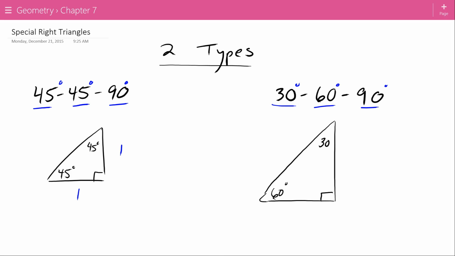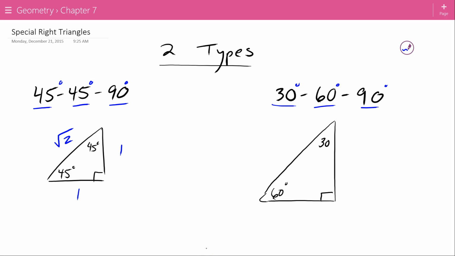And then if you did Pythagorean theorem to find your third side, 1 squared plus 1 squared equals x squared, and you calculate it out, you would end up getting that the hypotenuse is equal to the square root of 2. So just like 3, 4, 5 is a special right triangle, 1, 1, square root 2 is also a special right triangle, but it's unique to the 45, 45, 90s.